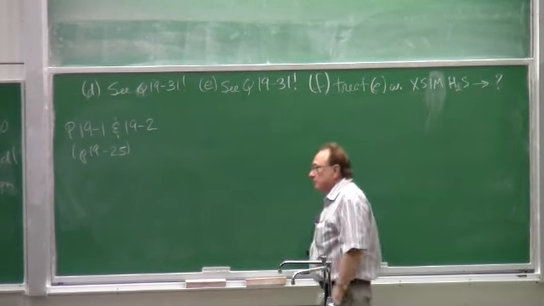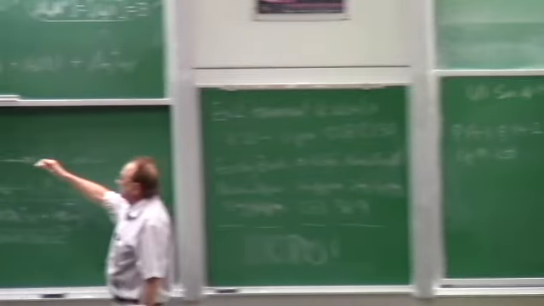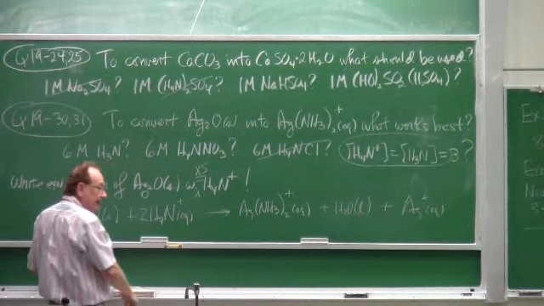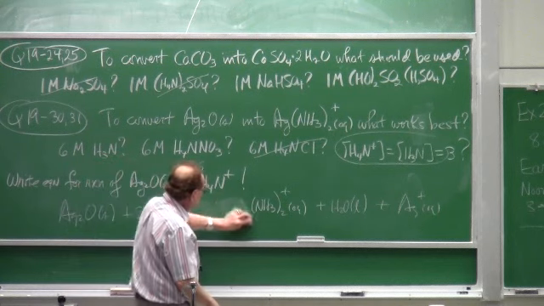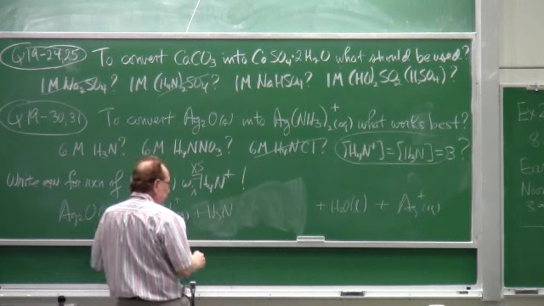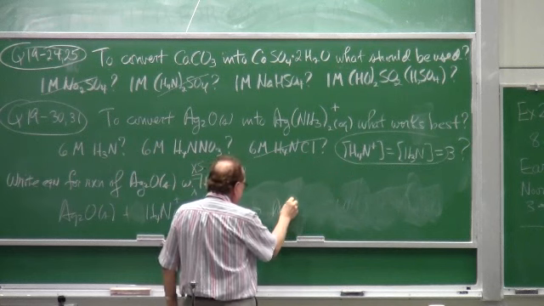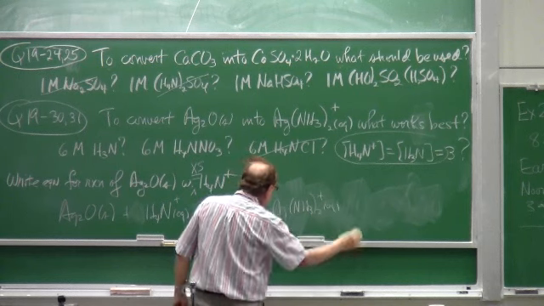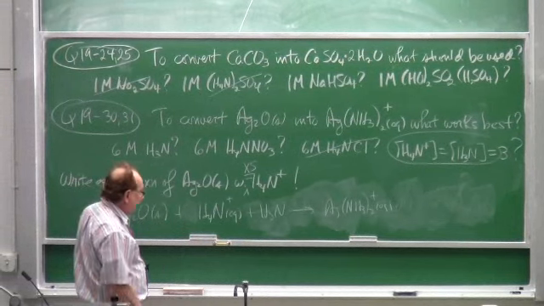F. Treat E with hydrogen sulfide solution. This is simple. We're going back to this. We've recognized that if I take this and treat it with this and this, then all the silver ion is complexable, because I got both ammonia and ammonium ion going for me.